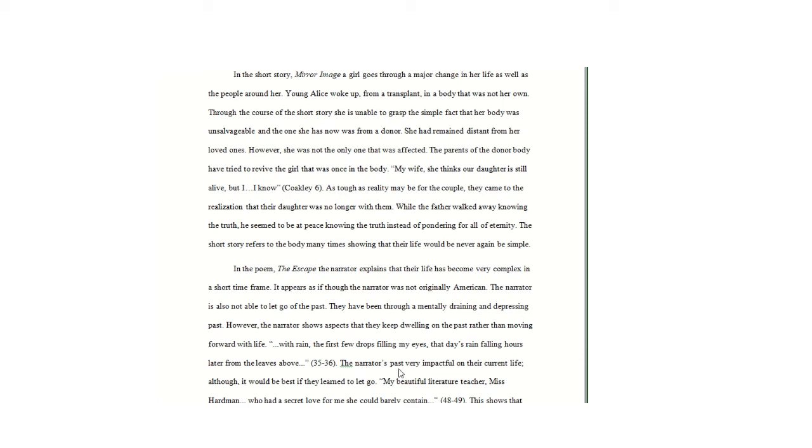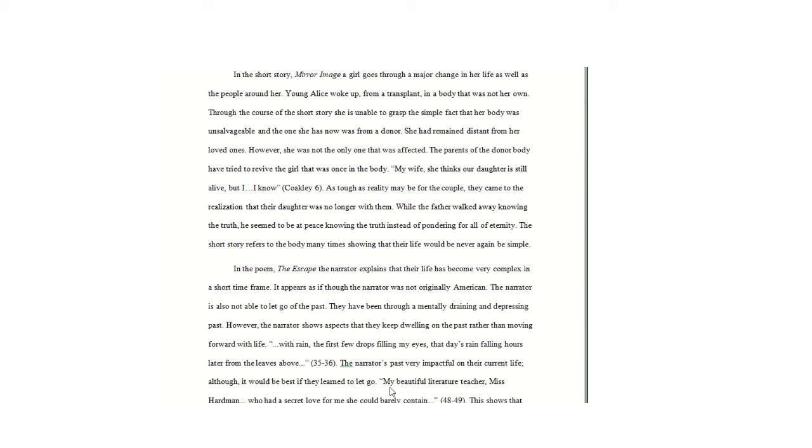The narrator's past, very impactful on their current life. So the narrator's past, it was or is very impactful on their current life, although it would be best if they learned to let go. And then hopefully this line gives credence to how it'd be best if they let go.